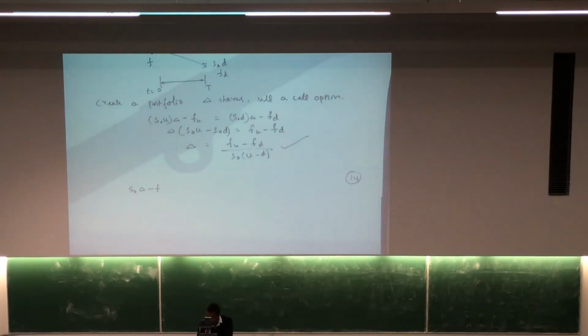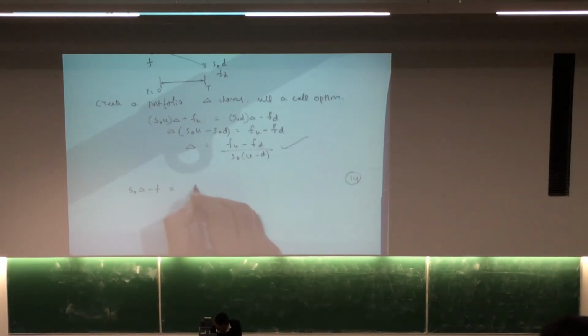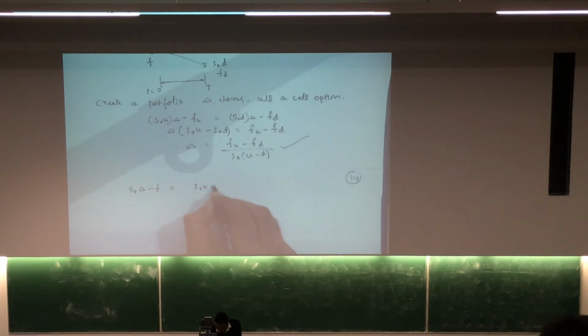This must be the discounted value of the future. So for example, these two are same, I can use any of the values. S naught U delta minus FU times e power minus RT.